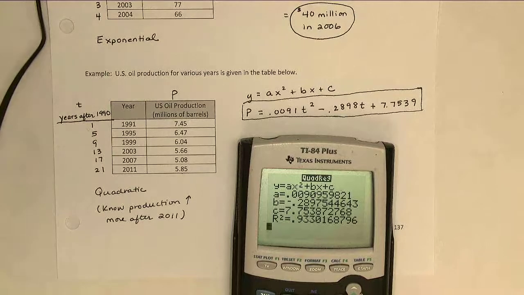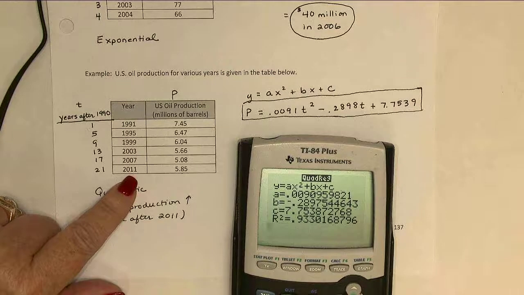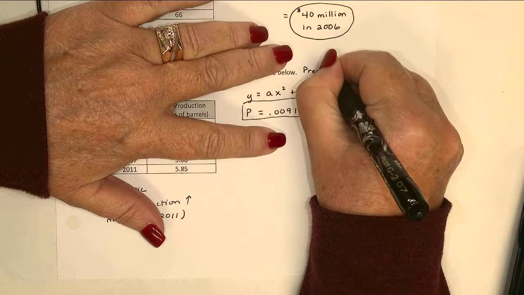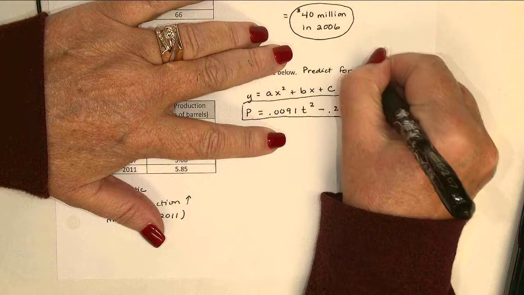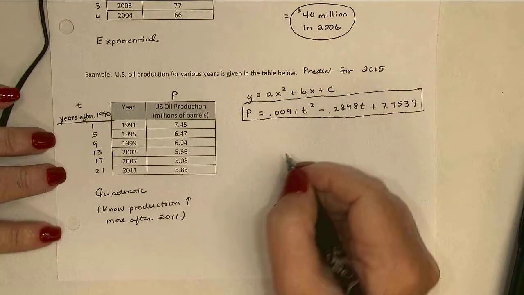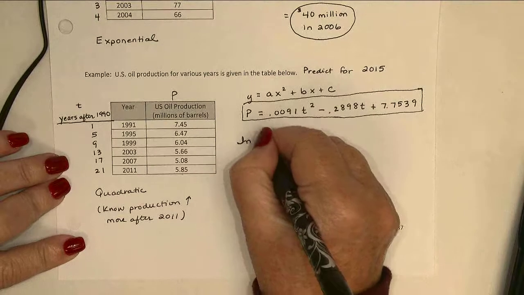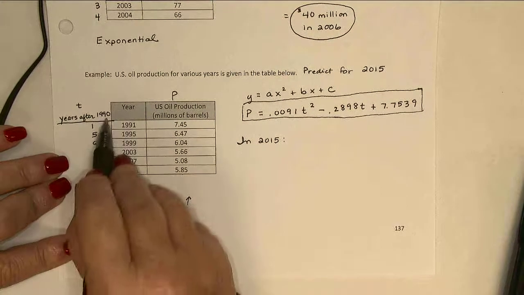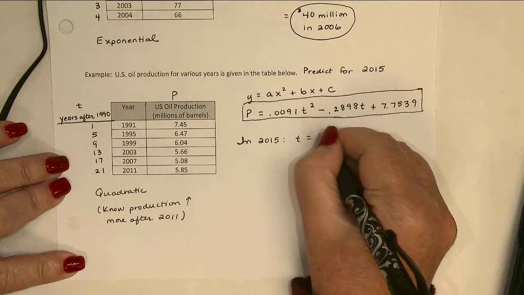And I guess I didn't even ask us a question on that one, but let's go ahead and do one that we can all be on the same page for. Let's go ahead and use this to predict the oil production in 2015 based on our model. So let's see, 2015, that would be 25 years after 1990, so T would be 25.